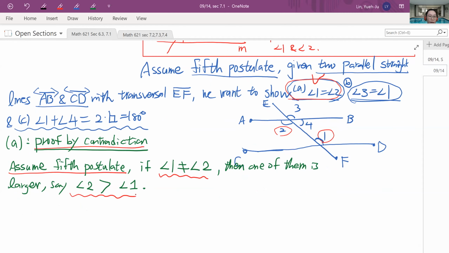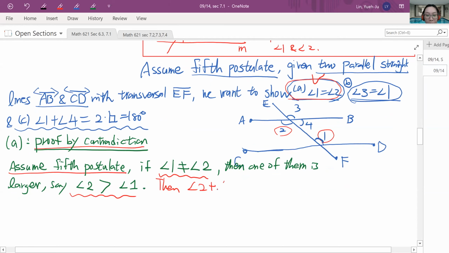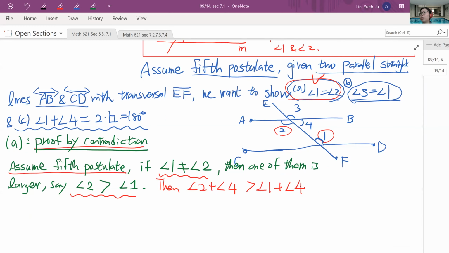Then we're going to see what happens. If angle 2 is bigger than angle 1, then if we add angle 4 to both sides, we have that angle 2 plus angle 4 is bigger than angle 1 plus angle 4. You add the same angle on the same side, so the relationship still holds, right?